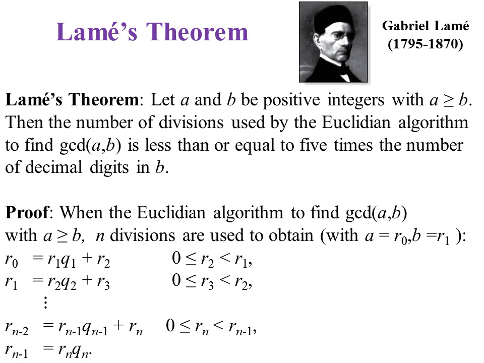Then the number of divisions used by the Euclidean algorithm to find GCD of a, b is less than or equal to 5 times the number of decimal digits in b.